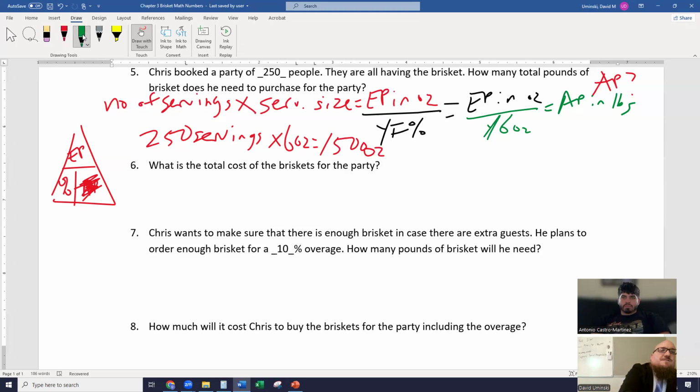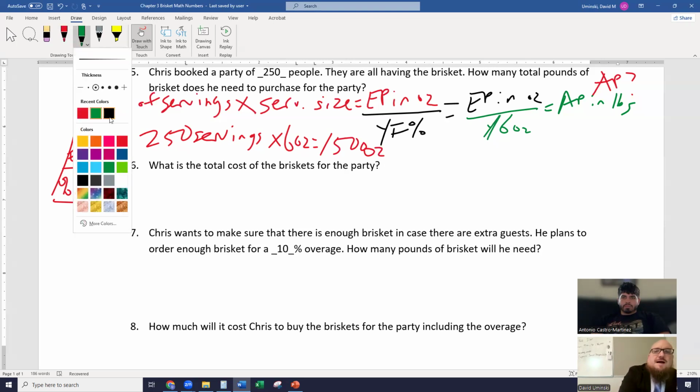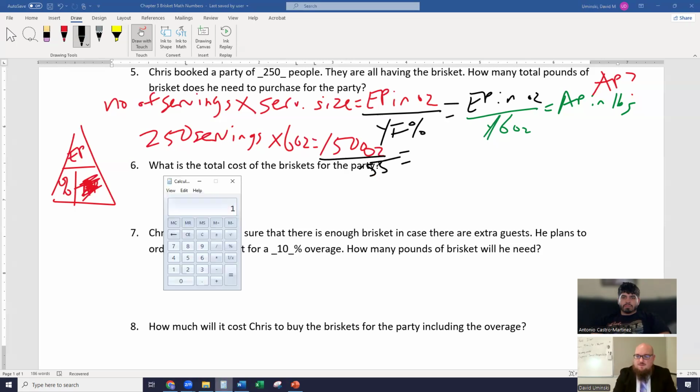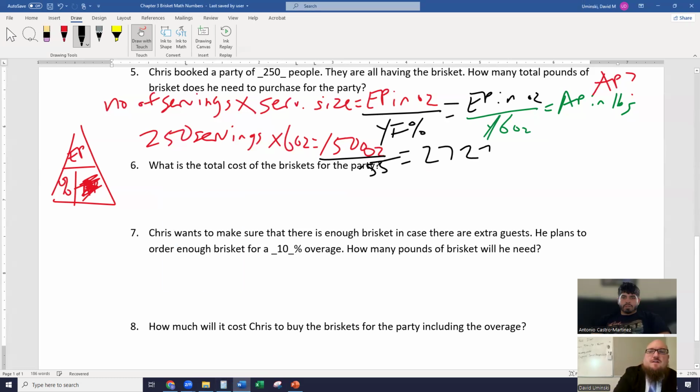And then we're going to divide by 0.55. And that's going to give us a really weird number. That's right, it's 2727.27 repeating.